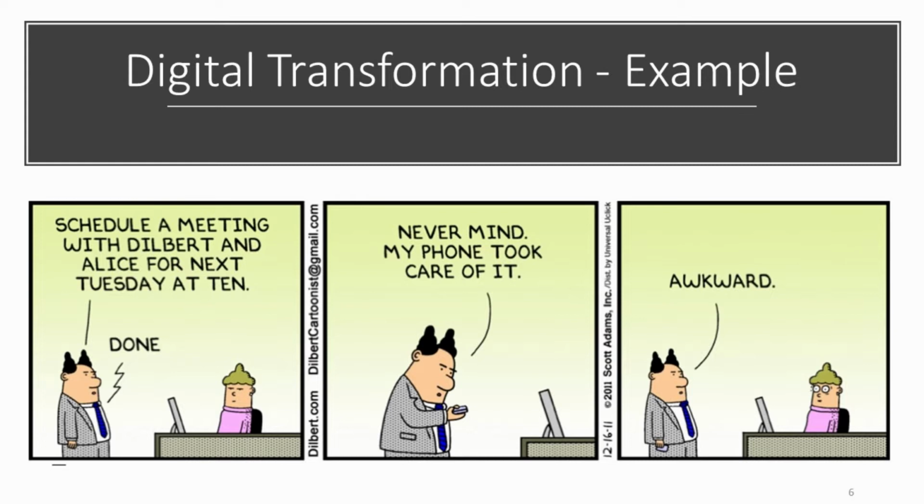So in this cartoon, you have in the first picture, the pointy-haired boss asking his secretary to set up a meeting. In the second picture, there is a smartphone which is listening to the manager's request, understands the spoken request, and identifies the 2 people who are part of the team and automatically sends them a calendar invite for the requested time of 10 a.m.